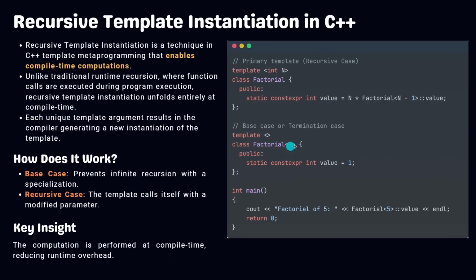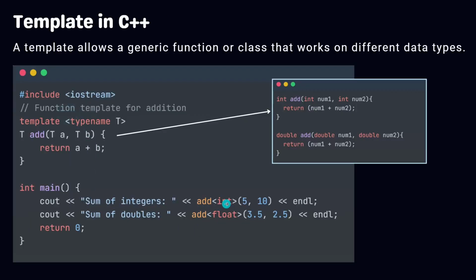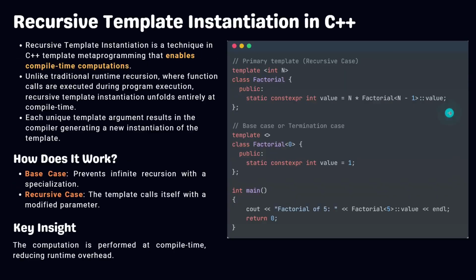Now when we call recursively each time, in the background the compiler creates an instance for each value. Remember I told you, for each data type the compiler creates an instance. Similarly here, for each value the compiler creates an instance, and that happens only at compile time. Each unique template argument results in the compiler generating a new instance of the class.